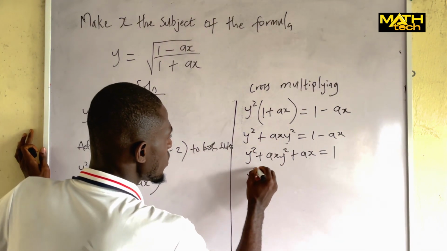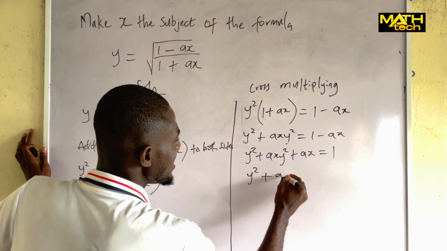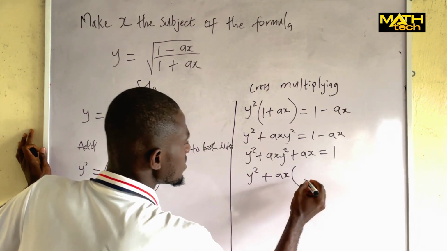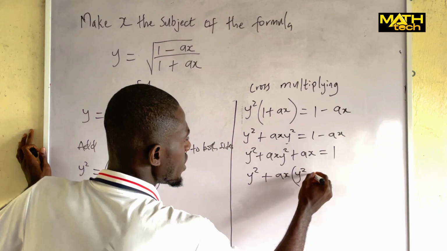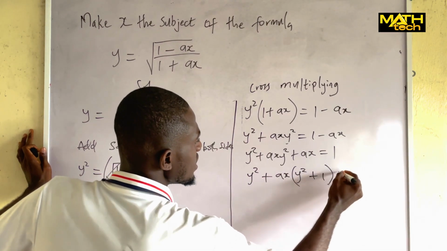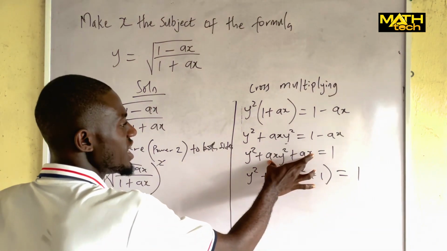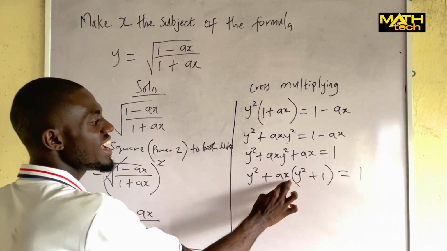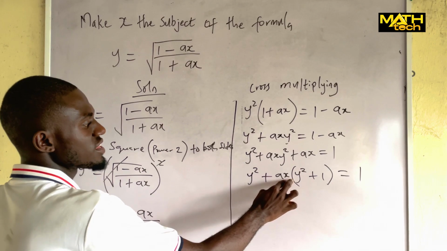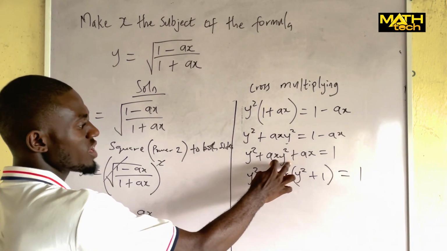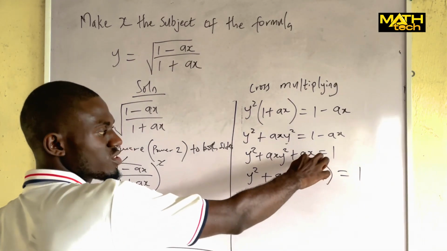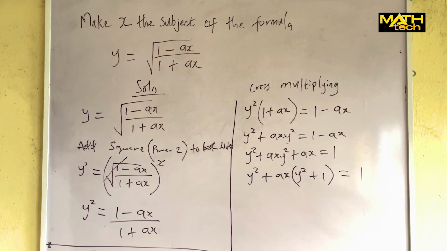We say ax into y squared plus 1, and we equate it to 1. So we can see that this expression is the same thing as this expression. Ax times y squared gives us axy squared, and ax times 1 gives us ax. So that's simple.